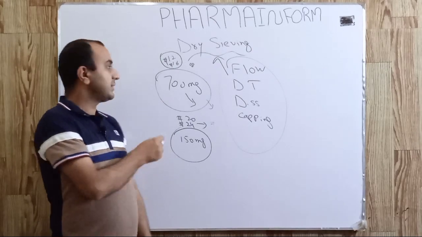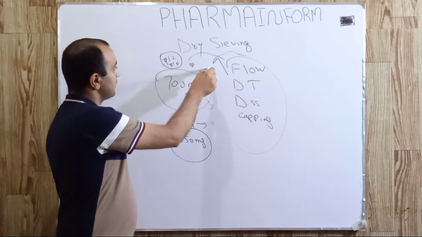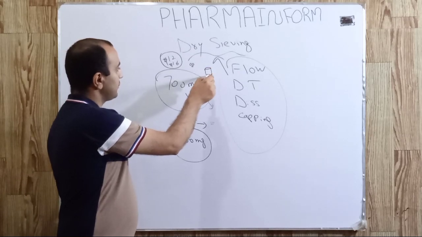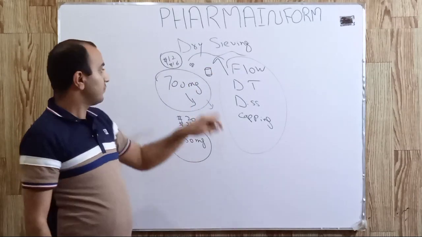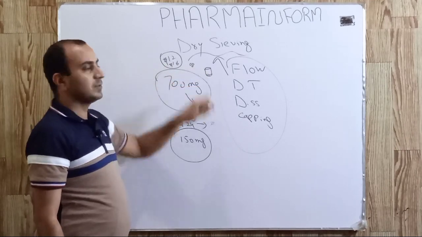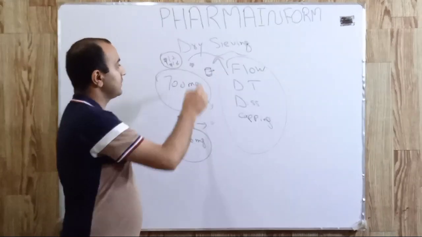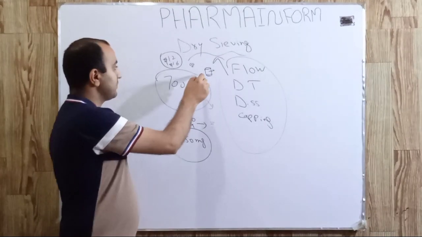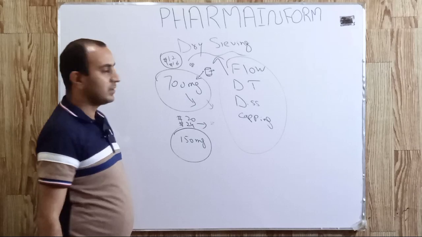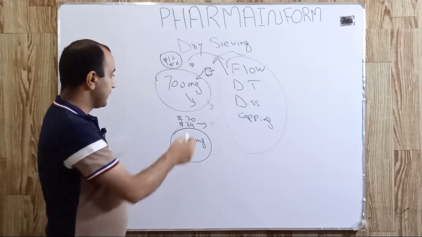So the concept is that for filling of a die used for 700 milligrams, we can use large size granules which can easily fill our die for providing 700 milligram of weight without any problem.